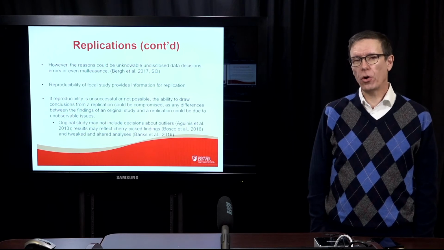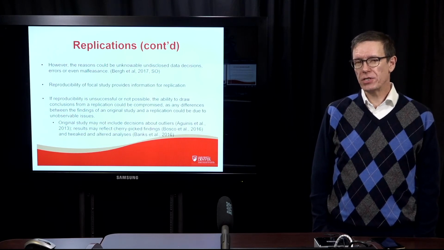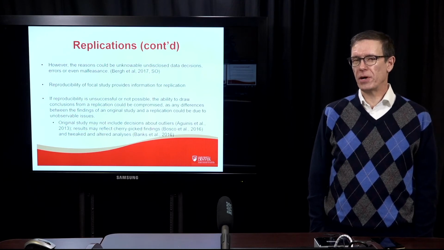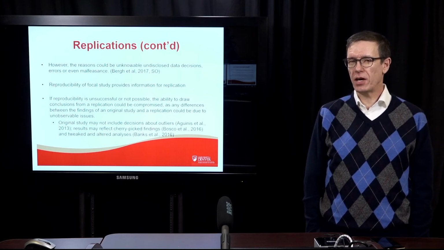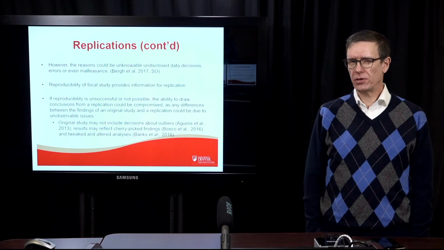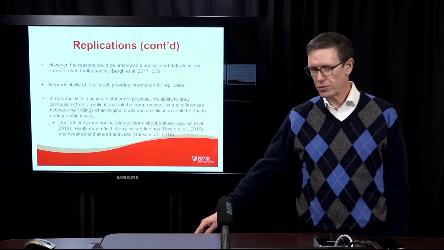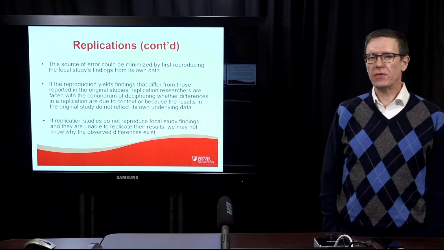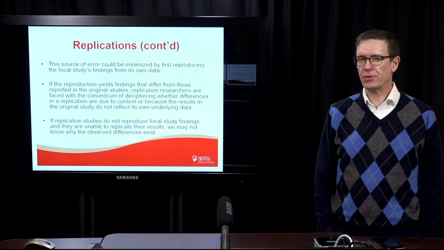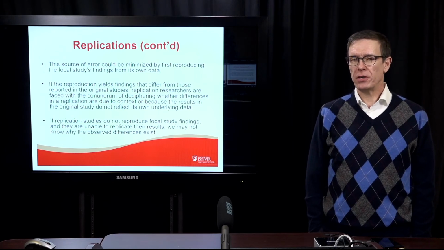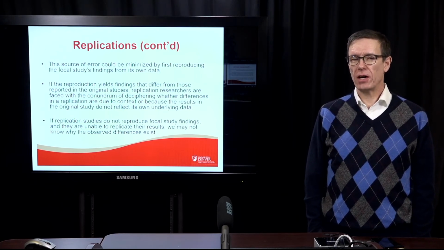All of these are unknowable, and as a result, the ability to come to a correct conclusion about the reason for the differences in a replication could be difficult, and researchers face a true conundrum with these, as I'll mention as we move along. So the source of this error, differences between the replication and the reproducible study, could be due to simply issues in that focal study.